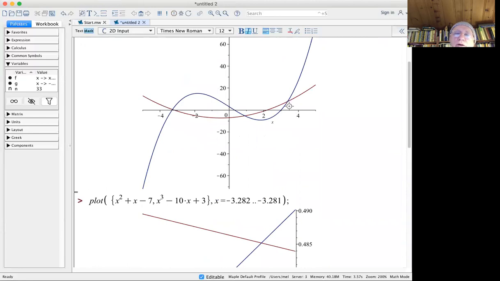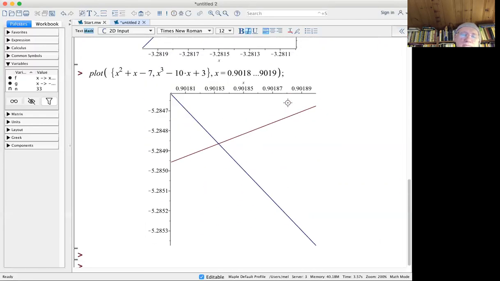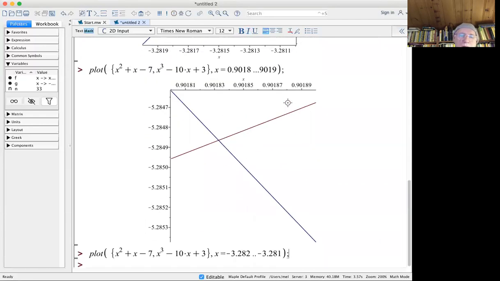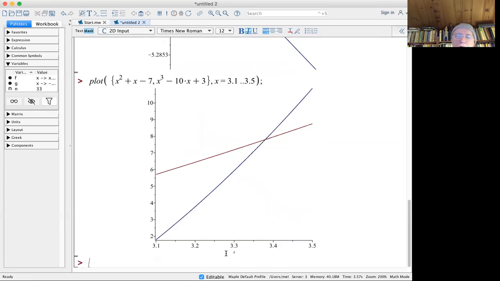It's a little bit bigger than 3, maybe between 3 and 3.5. So it looks like it's around 3.4.